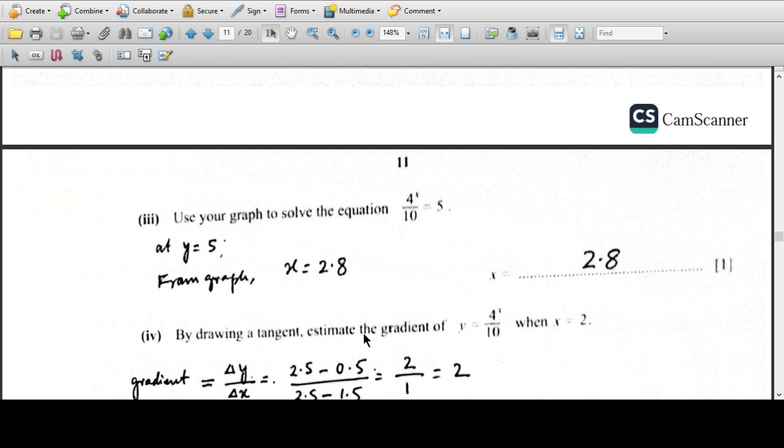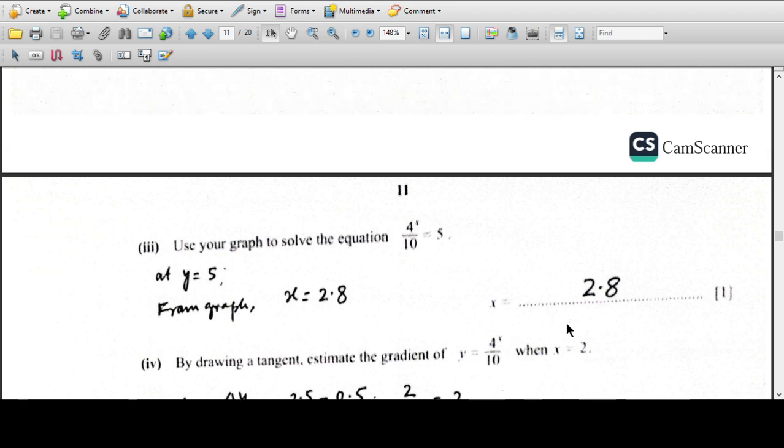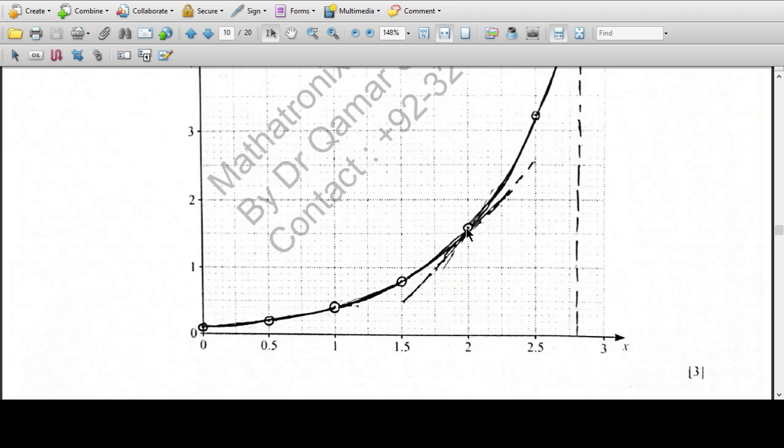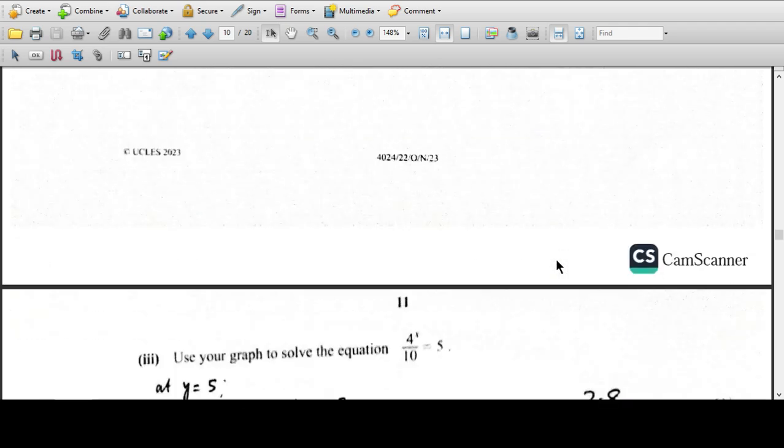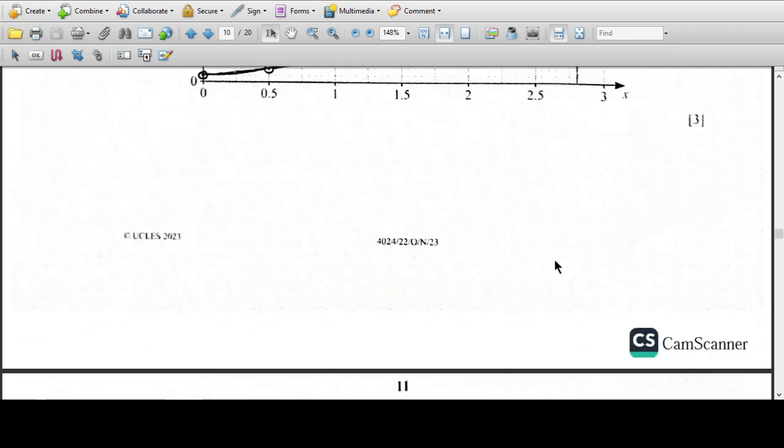By drawing a tangent, estimate the gradient of y is equal to 4 power x divided by 10. When x is equal to 2, we have drawn a tangent here, and we read the value for the slope.